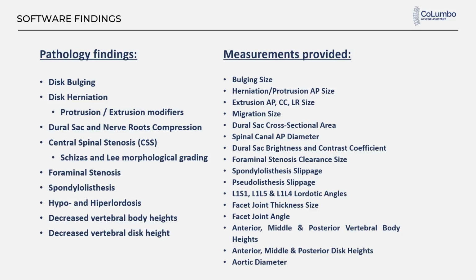These include disc bulging, disc herniation with protrusion and extrusion modifiers, dural sac and nerve roots compression, central spinal stenosis with Schizas and Lee morphological grading, foraminal stenosis, spondylolisthesis, hypo and hyperlordosis, decreased vertebral body heights, decreased vertebral disc height.